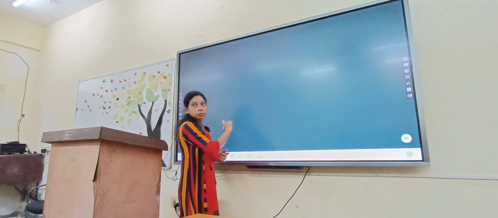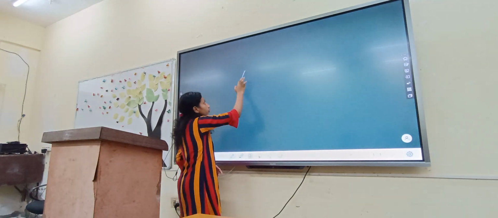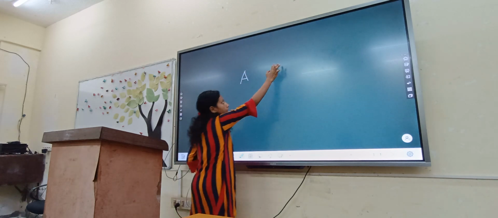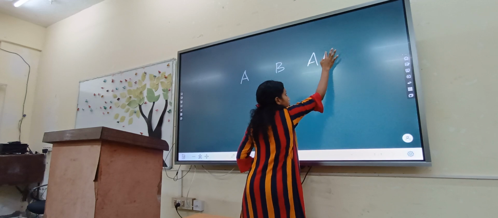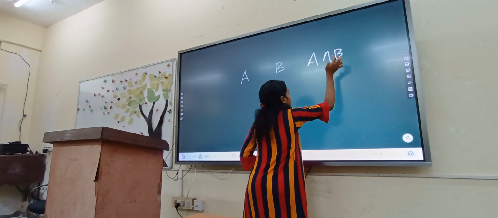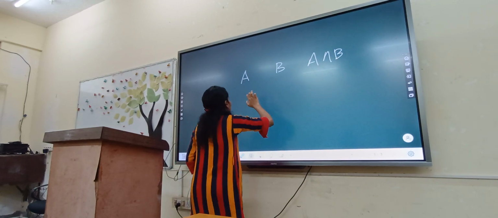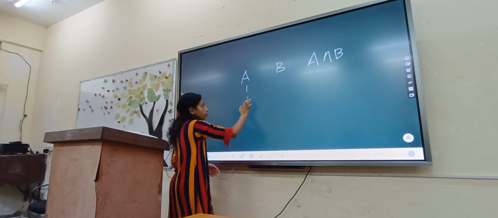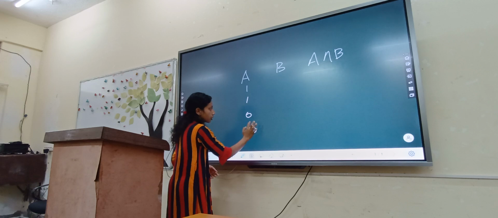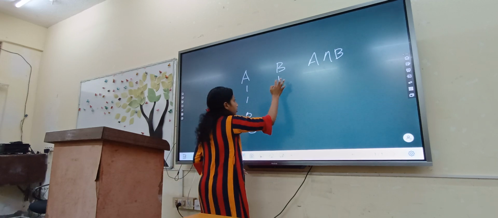I would like to draw the Boolean algebra. We have first set A, then second set B, then A conjunction B. Here the elements are 1, 1, 0, 0, then 1, 0.